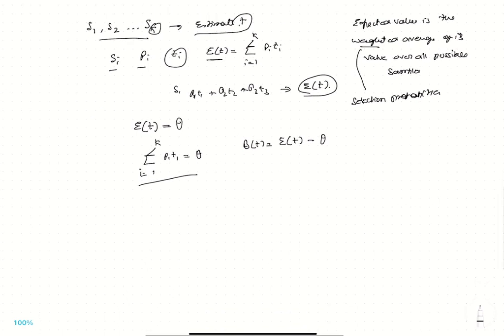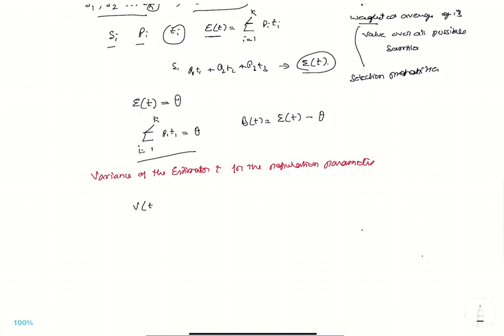Now the other question is variance. What is the variance of the estimator T for a population parameter theta?